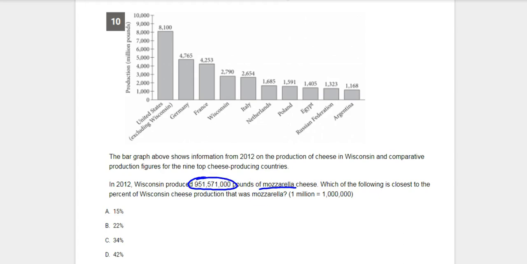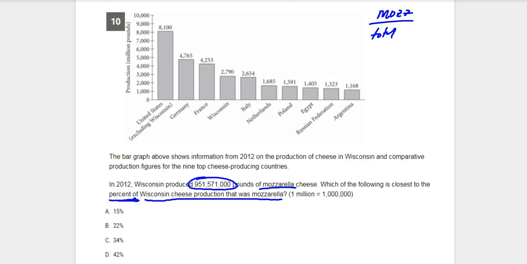Which of the following is closest to the percent of, so this gives me my bottom number. Percent of always helps me establish the bottom. The Wisconsin cheese production, that was mozzarella. So I want to compare how much mozzarella to the total cheese. You're talking cheddar, Swiss, Munster, all the different types.